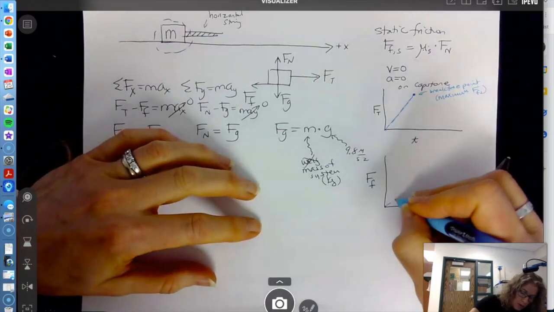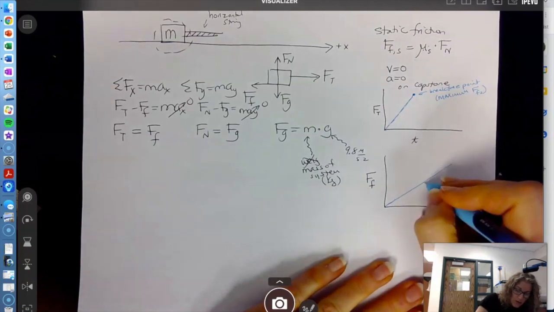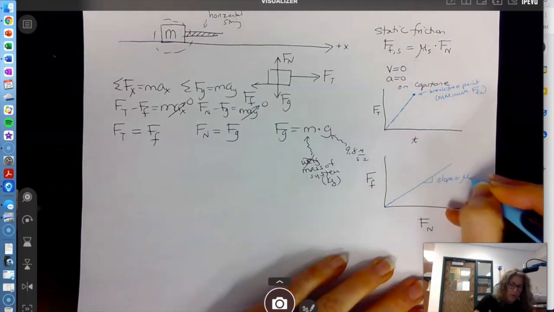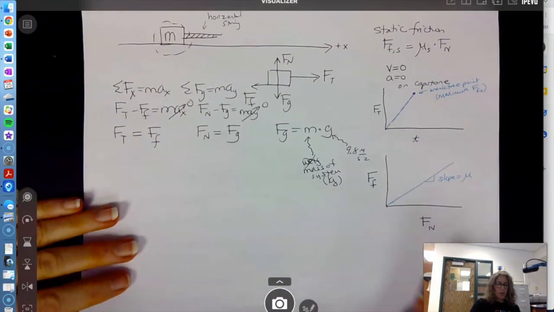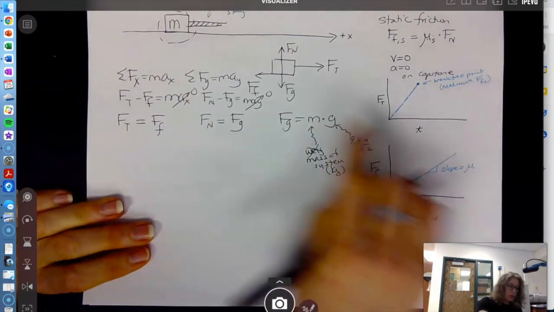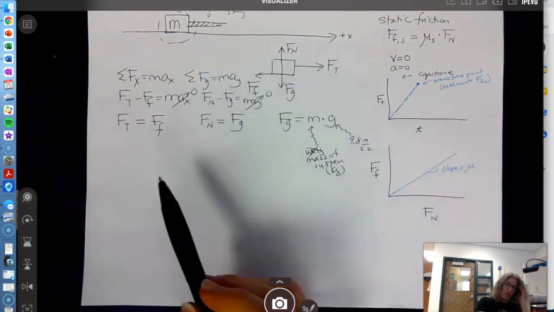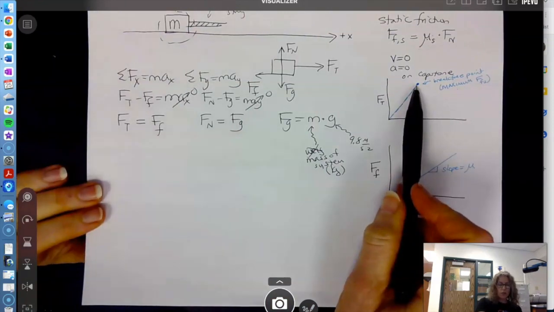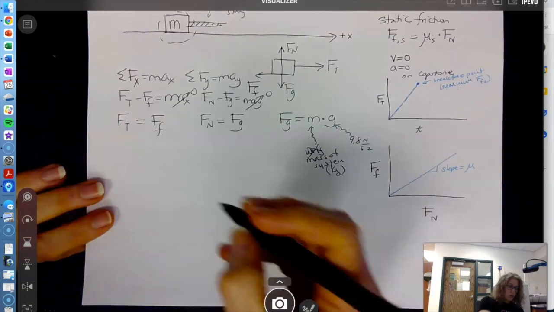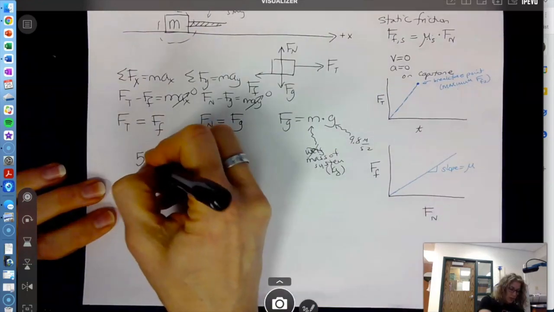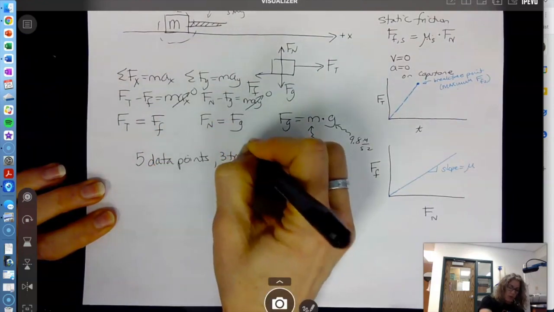You need several data points, of course, to measure it, but the slope is going to equal the coefficient of friction. So we're going to need to do this a bunch of different times. This experiment, pull a bunch of different masses, at least 5, so that we can get 5 different values for this maximum static friction force so that we can plot 5 different points. So you're going to do 5 data points, 3 trials each, as always.